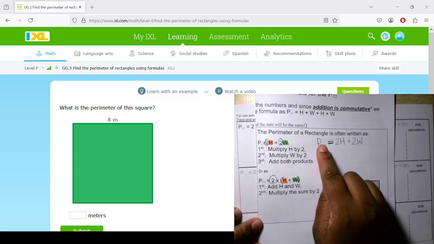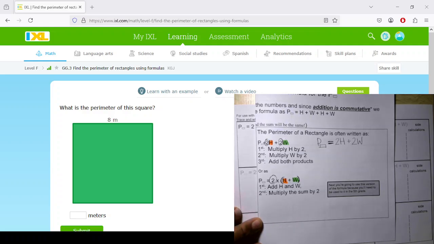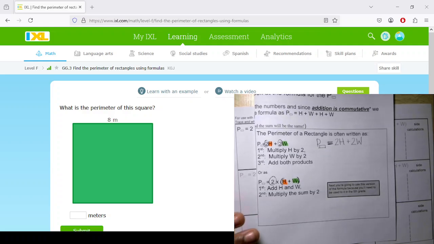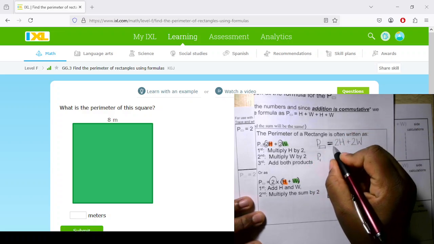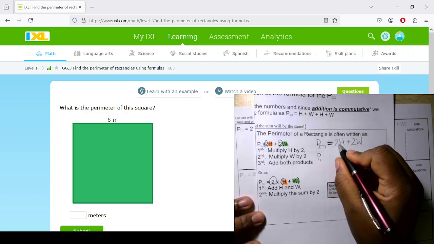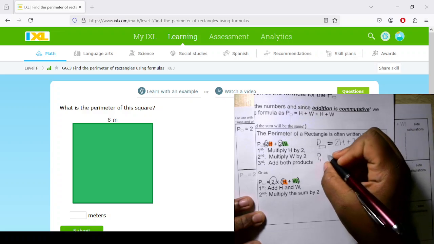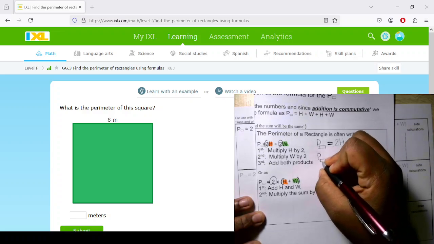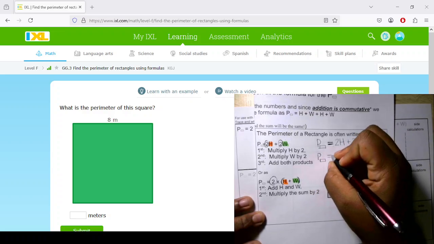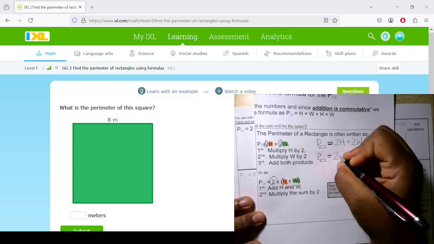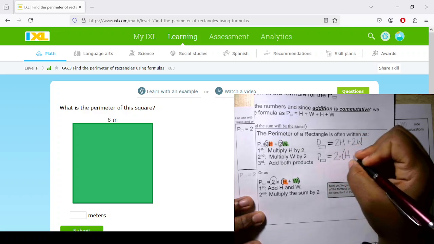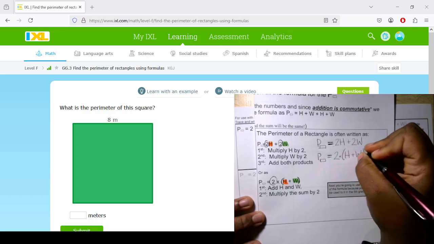The perimeter of a rectangle can be written in 3 different versions. Perimeter of a rectangle is calculated by 2 of the heights plus 2 of the widths, or perimeter of a rectangle is calculated by 2 times the height plus the width.